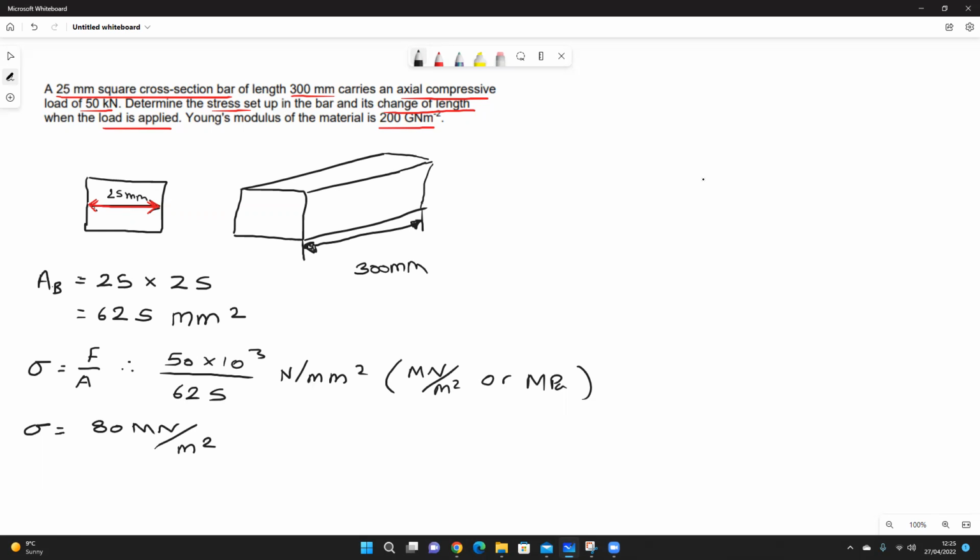We also need to calculate the change in length. In order to do that, we would then need to use the Hooke's law relationship and work out the strain.